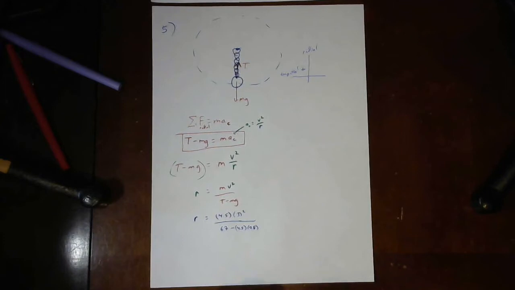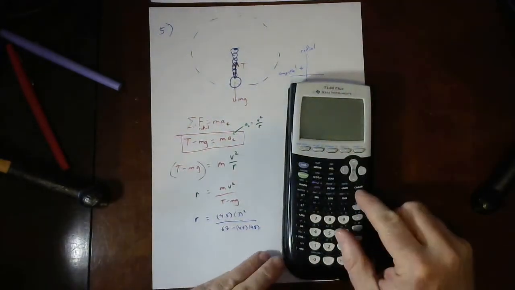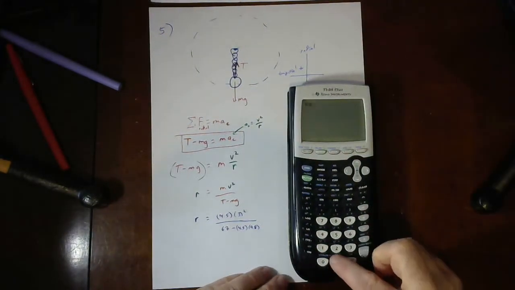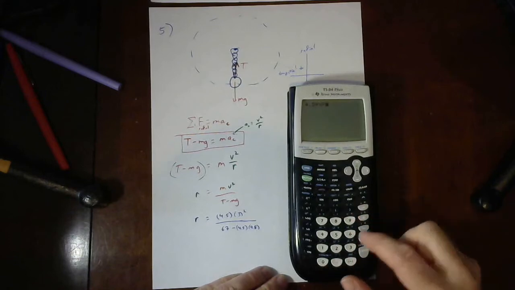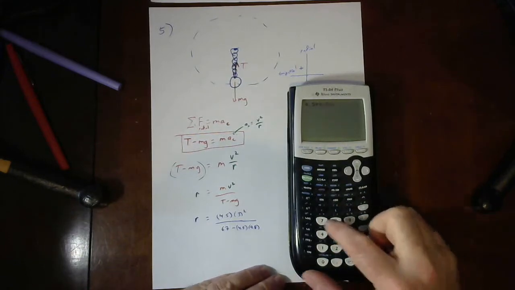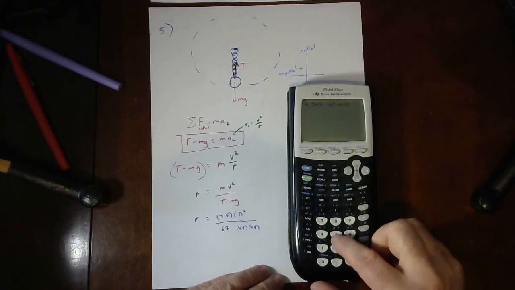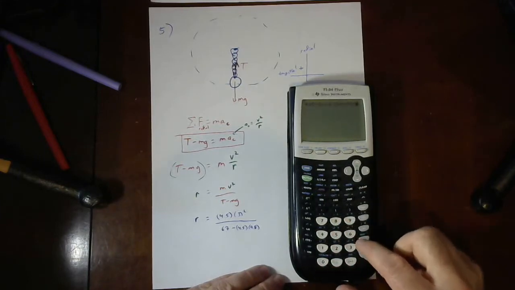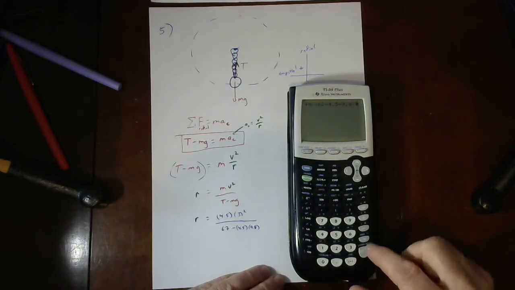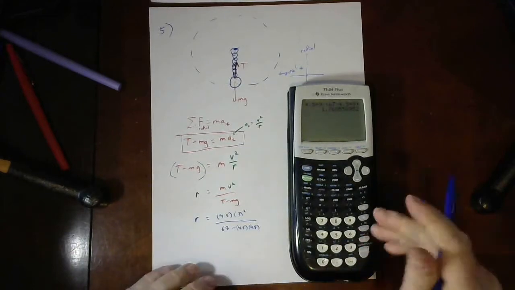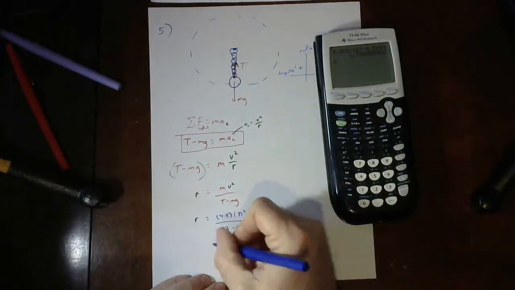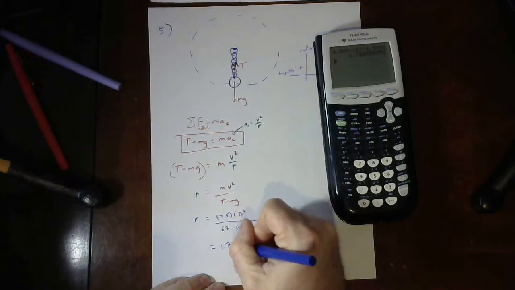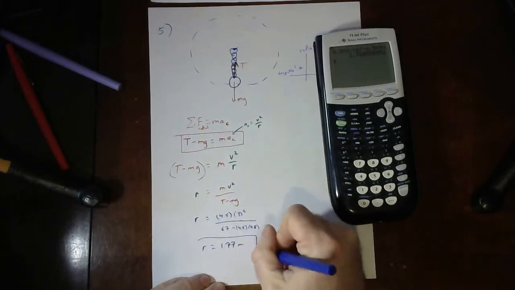Okay, time for the calculator. And I get 1.0 round up to 7. So I'll say that's 1.77 meters is my radius.